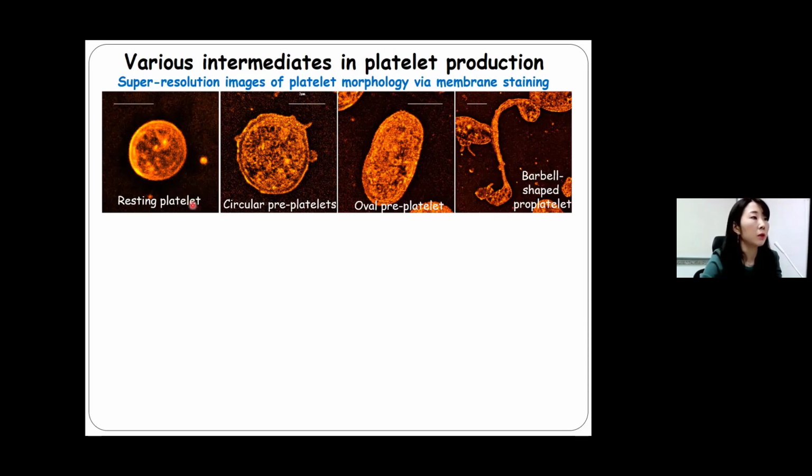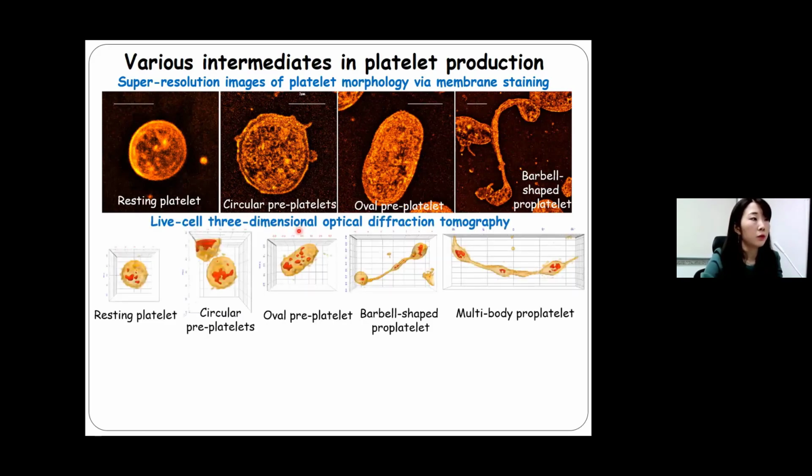For example, resting, circular preplatelet, oval-shaped preplatelet, barrel-shaped proplatelet, or multibody proplatelet. And they were also observed from the live cell holography, as shown here.